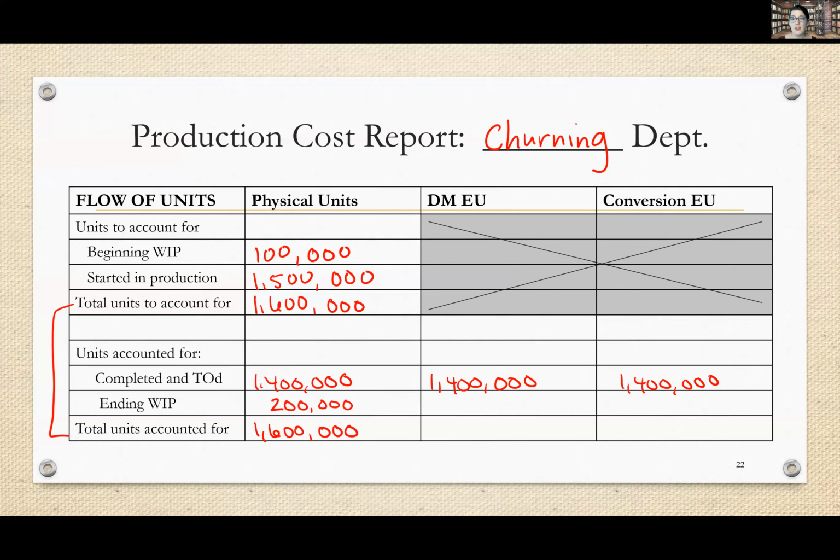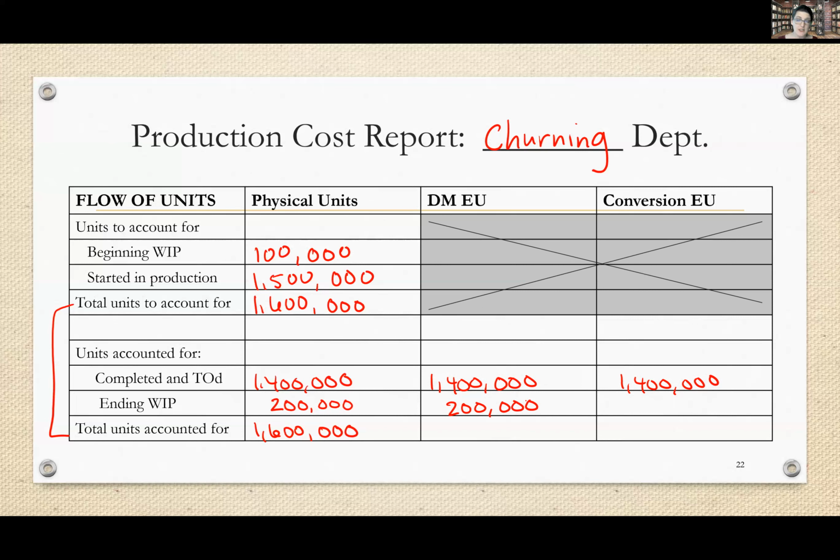As soon as we start, we have added 100% of the materials, so the equivalent unit amount for direct materials will be 100%. So I'm going to put here 200,000, because that is 100%. All the cream, all the salt, it's there.